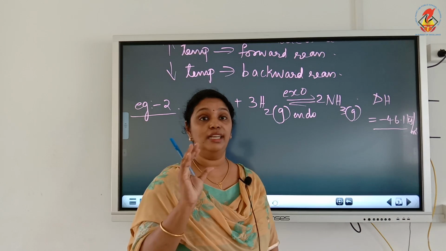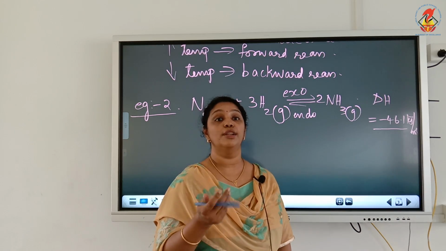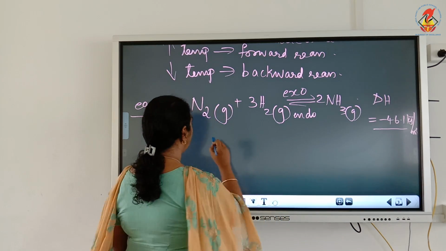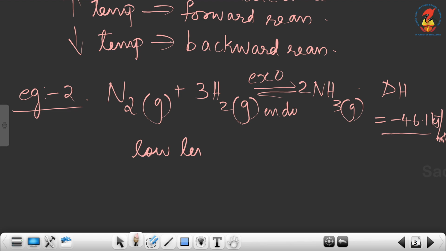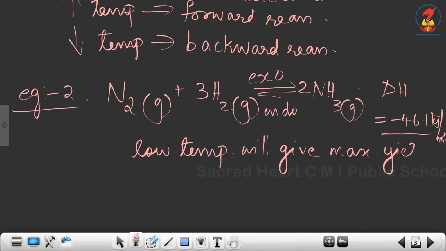So this is a condition to get maximum yield of ammonia, that is low temperature will give maximum yield of ammonia.